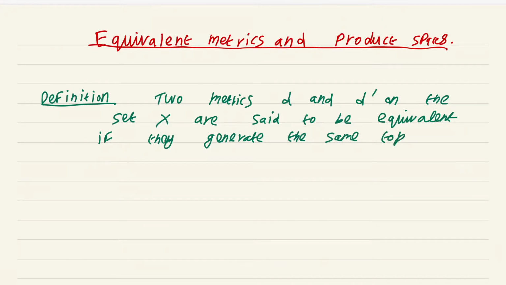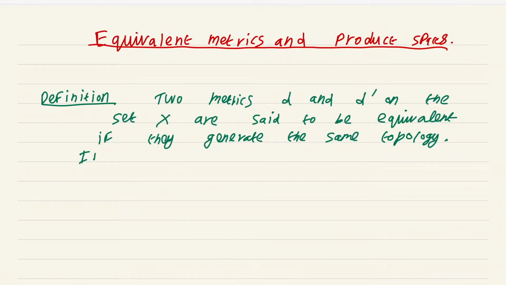So the open sets in both metric spaces are exactly the same. Since convergence of sequences as well as continuity can be characterized entirely in terms of open sets, this is a natural definition of two metrics being equivalent on a given set.